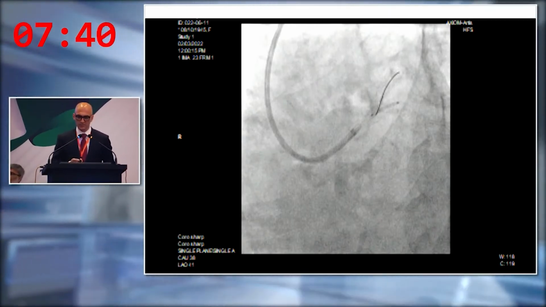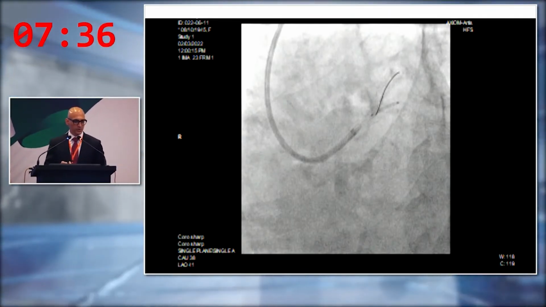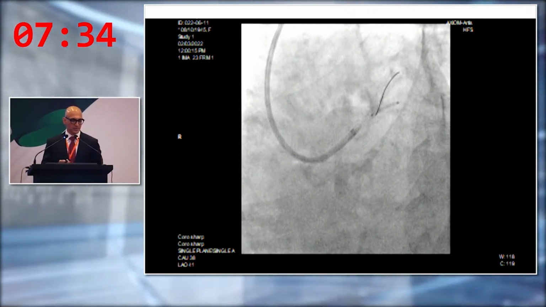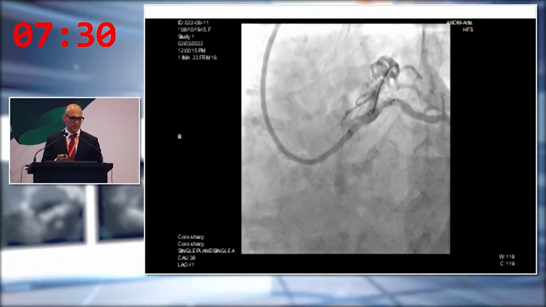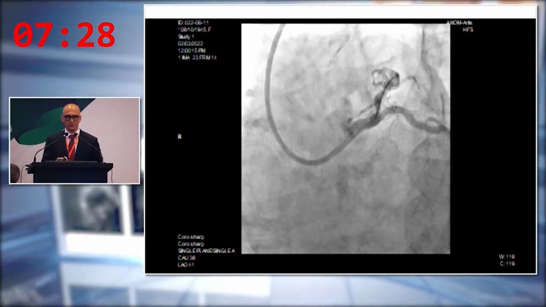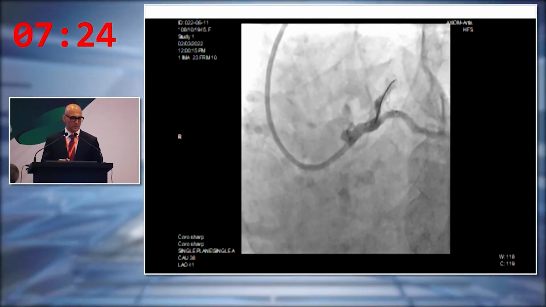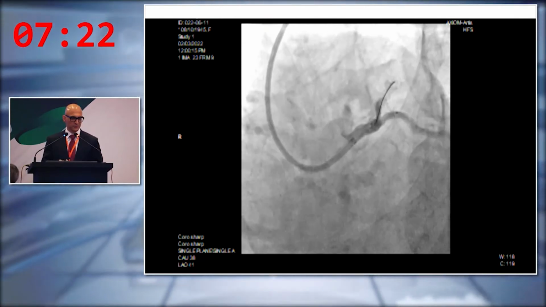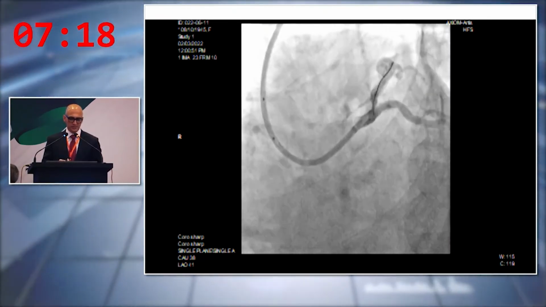And then, sorry, I can't see the slides. A 4.0 by 18 stent was placed with a significant amount of struts hanging in the left main, more than you would do for TAP, and closer to a culotte or a reverse or modified culotte, if you will. And this is the result after the stent.